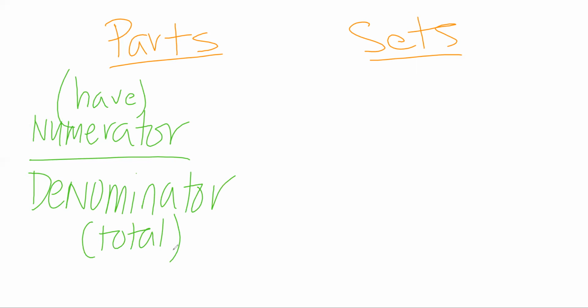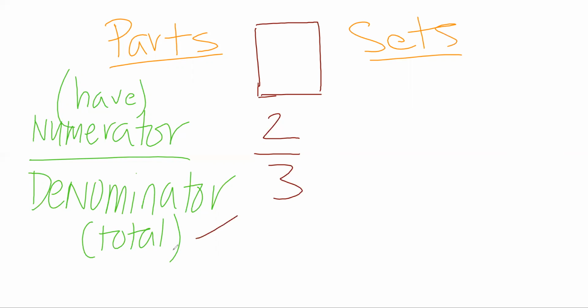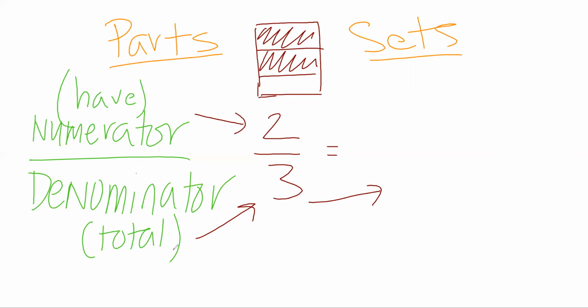So just one last one. Let's do 2/3, right? If that was a part, I'll do that up here. Here's my whole. I'm going to cut it into 3 parts, and I'm going to shade in 2. That's what the numerator says. And then if this is a set, I'm going to create 3 things.